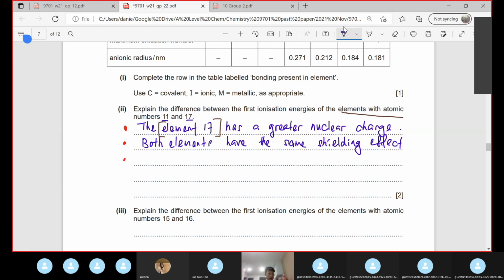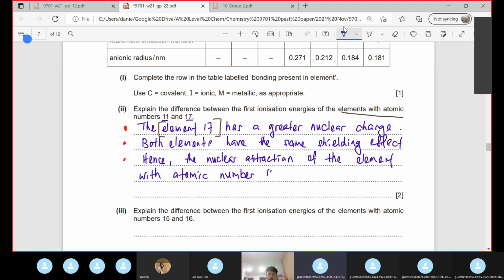So you can write down, hence the nuclear attraction of the element with atomic number 17 becomes greater, or becomes stronger.